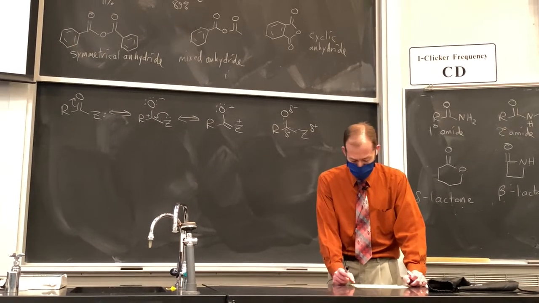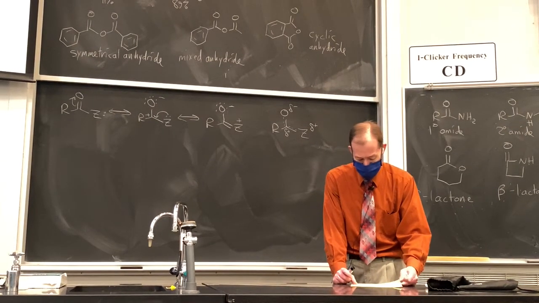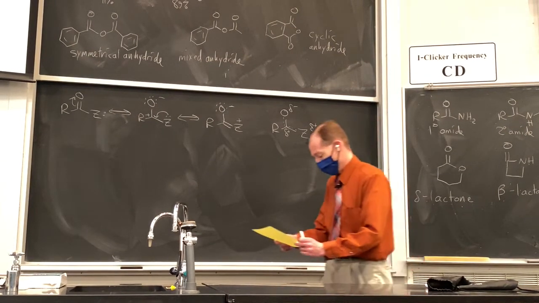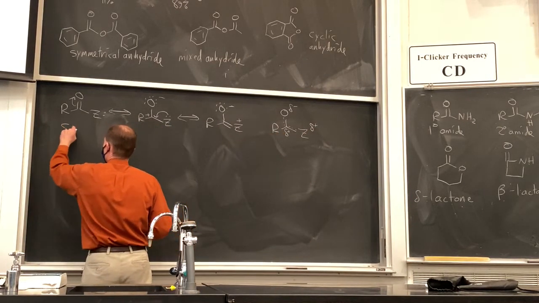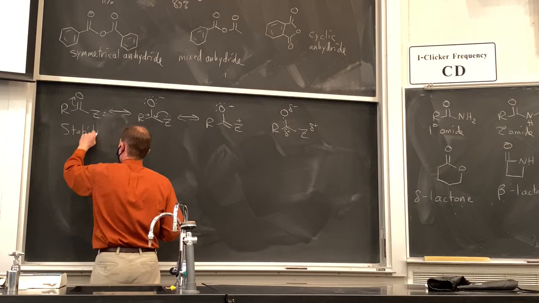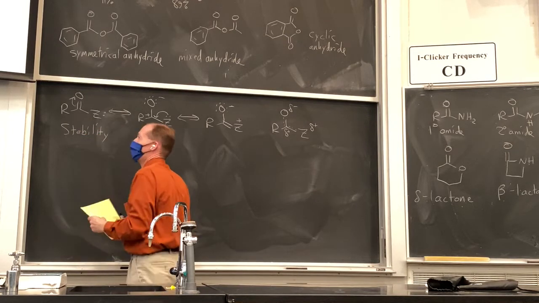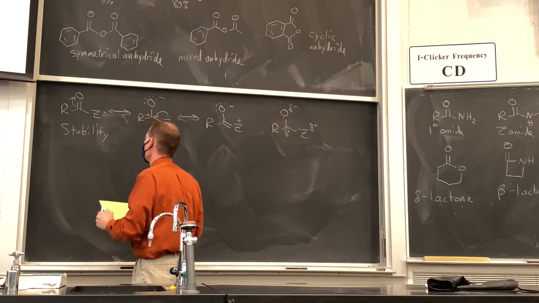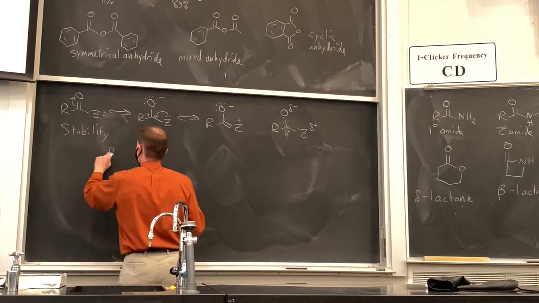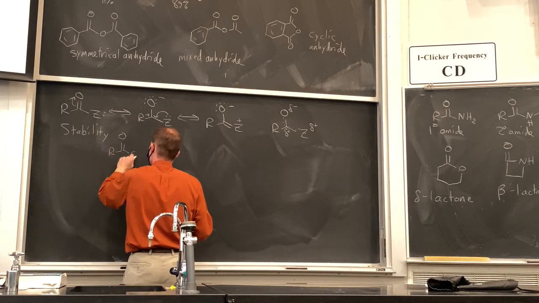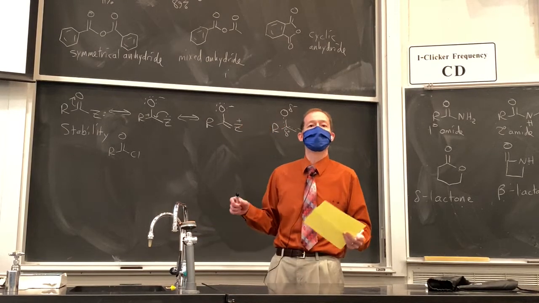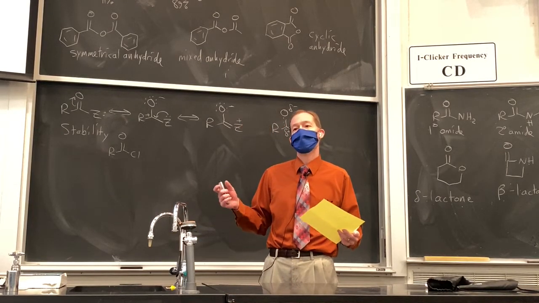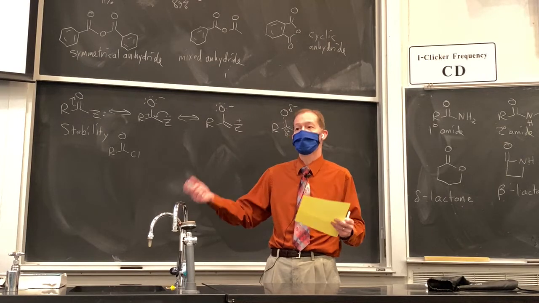So that allows us to draw a hierarchy in terms of reactivity. Well, we'll do it in terms of stability. Okay, this is going to be relative stability, starting from our least stable carboxylic acid derivative and going to the most stable. Okay? So our acid chloride is going to be the least stable because chloride is the least basic of all of the groups attached to the carbonyl carbon.